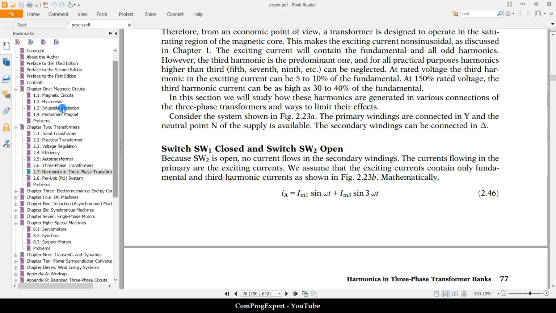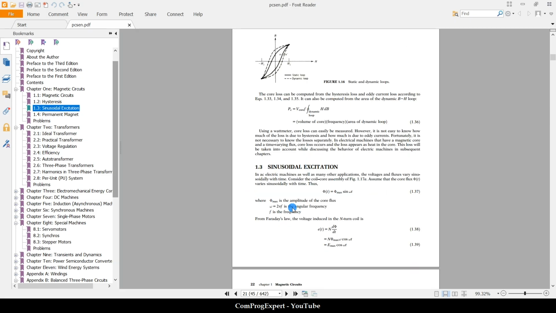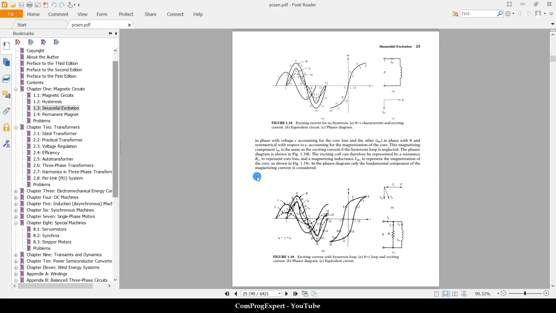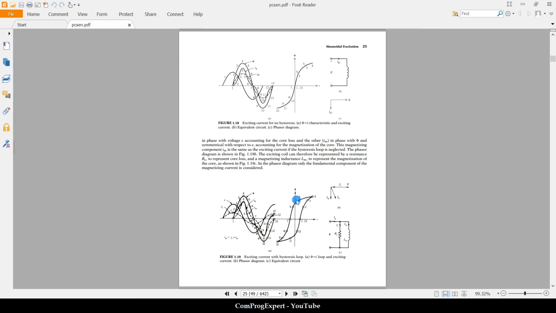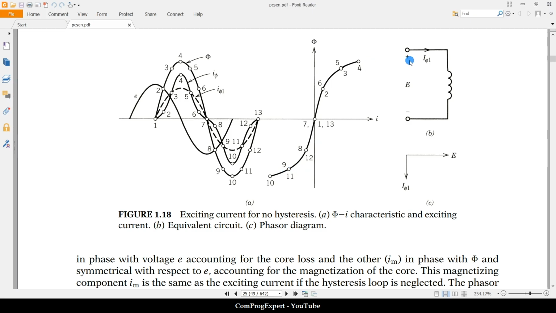Here in chapter 1, we have this sinusoidal excitation, and you remember this figure. Neglecting the hysteresis, just consider the normal magnetization curve.